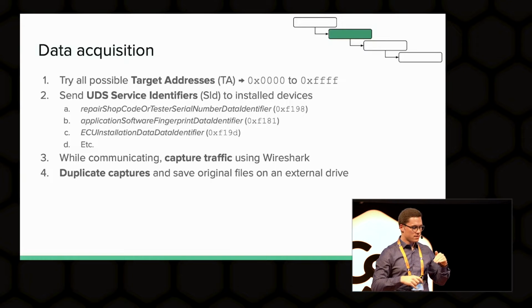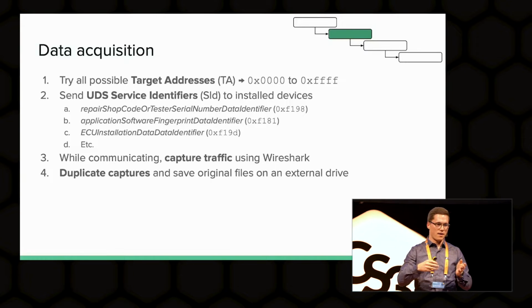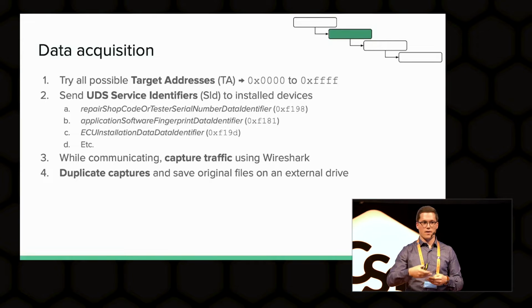Here are 3 examples. For example, we can determine which repair shop was the last one accessing a device, which testing device or tester device was used, and also which was the last installation date for the software or hardware of a specific ECU.